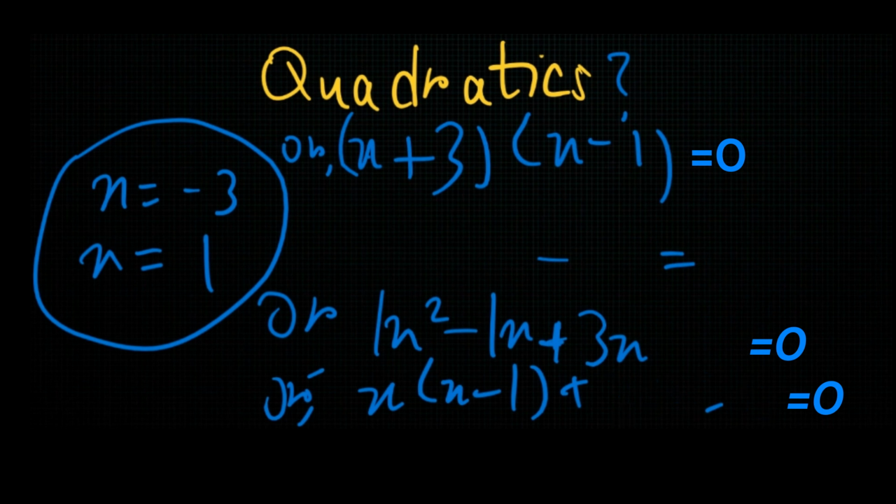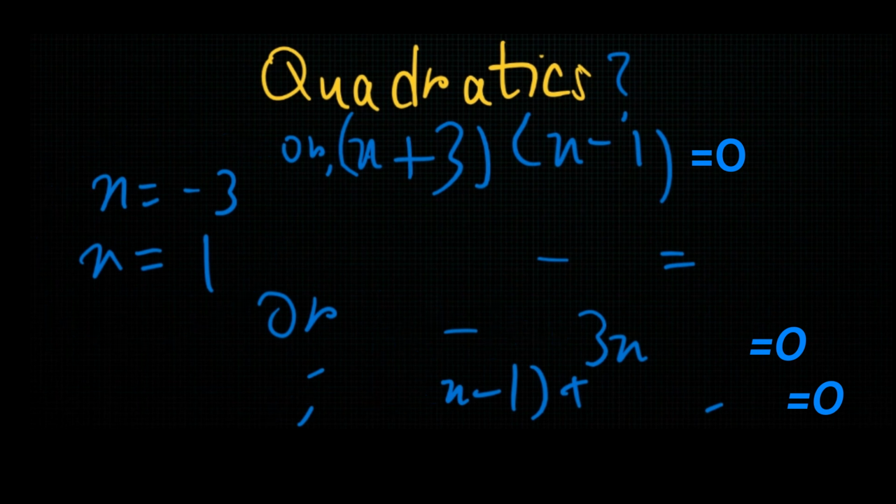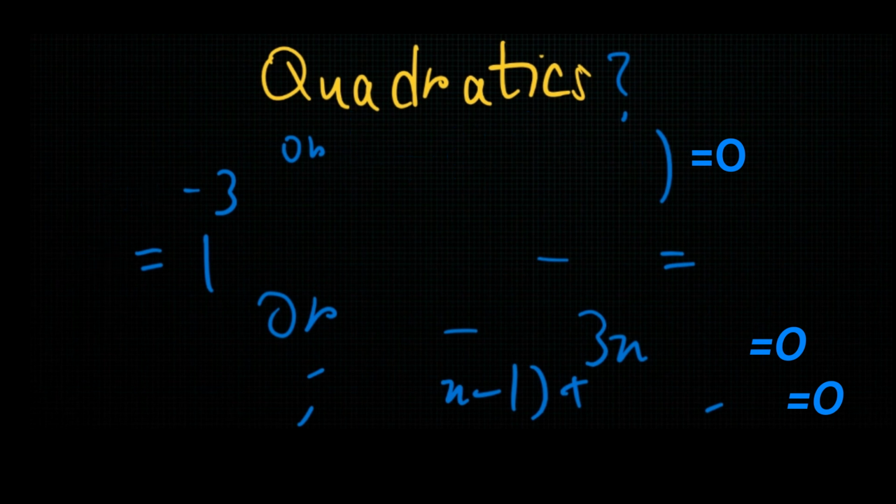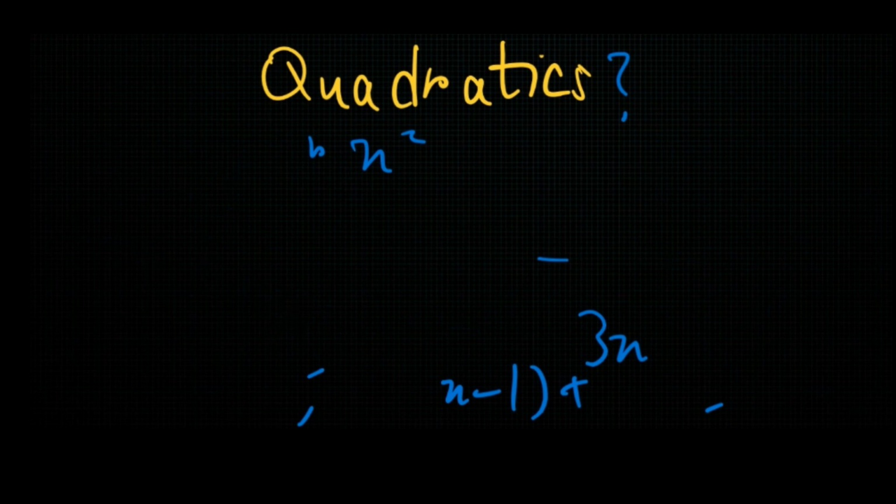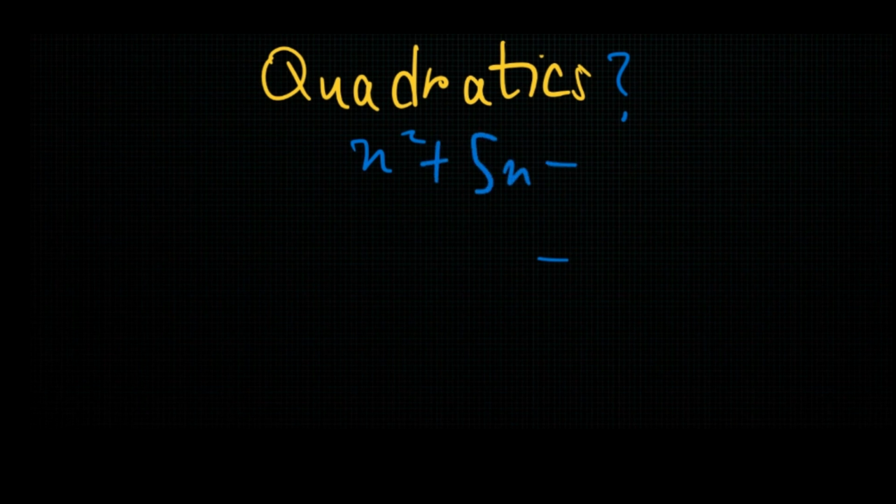So let's do another quadratic equation. What if we had something like this? x squared, wait, let me delete more stuff here. x squared plus 5x minus 6.